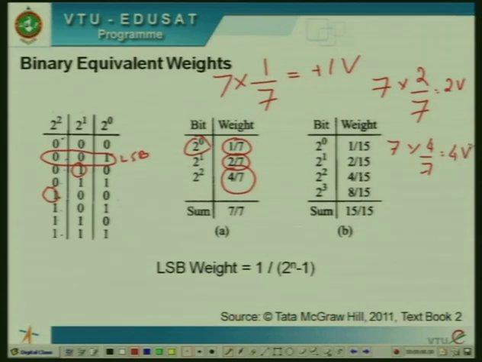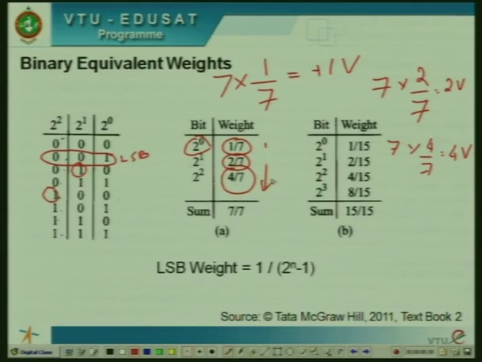The beauty of this type of arrangement is, if you add all these weights, 1 upon 7 plus 2 by 7 plus 4 by 7, they add up to 1. So if we can have an arrangement like this, which we call binary equivalent weights, then we can develop a system which can give you a binary weighted value.